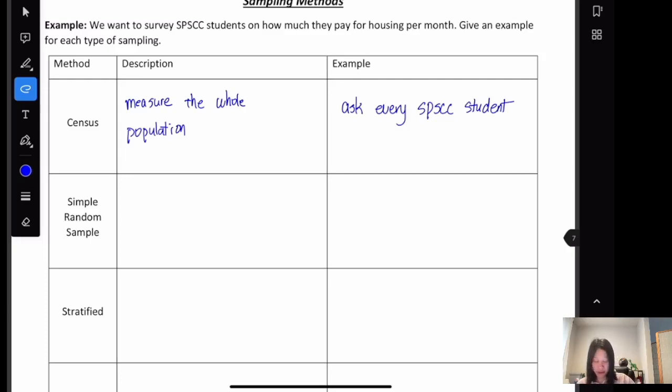Simple random sample means you randomly select students, such as you randomize a list of student IDs and choose the top 100.